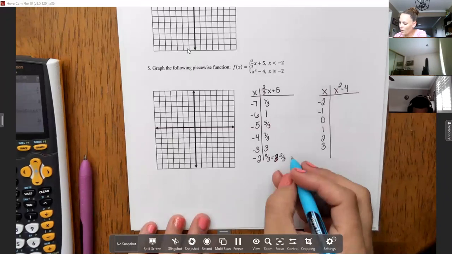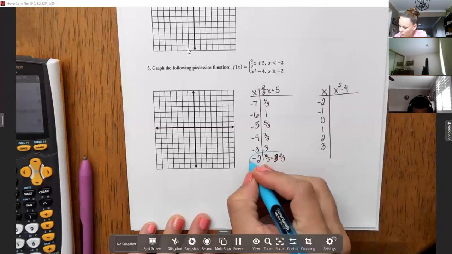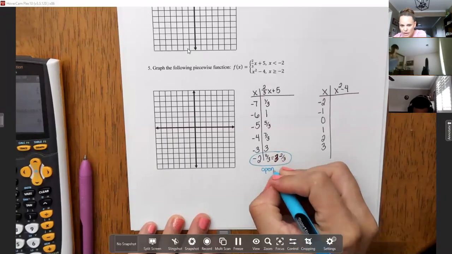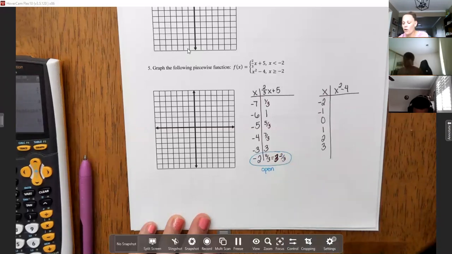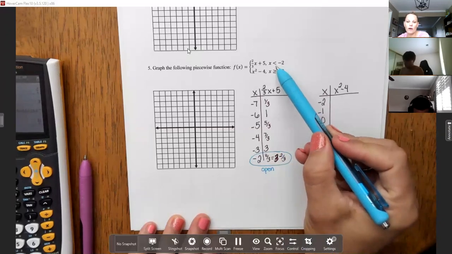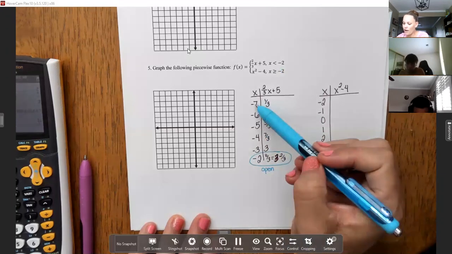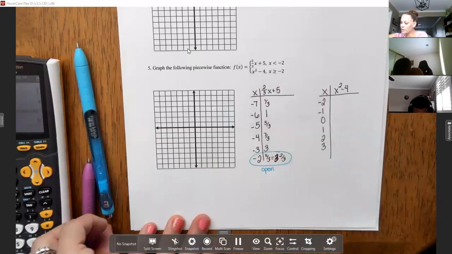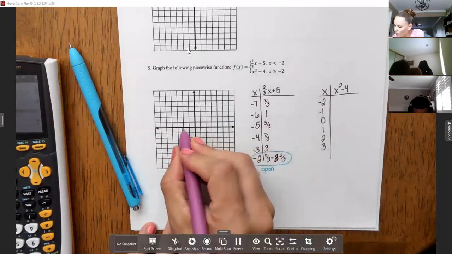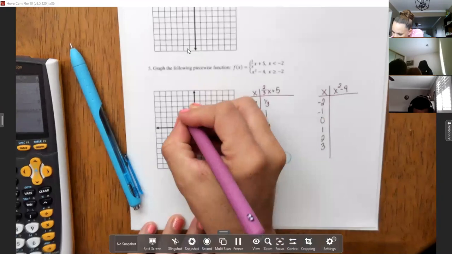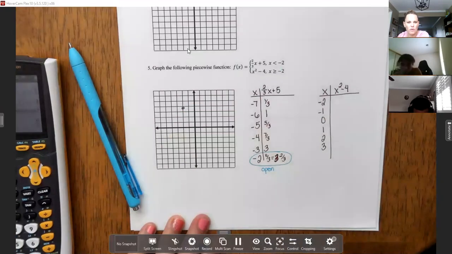So this point here is going to be an open circle because it doesn't have the or equal to. So we're going to plot all of these points, and we could have kept going with more negative numbers. At -2, we're at 3 and 2/3, and it's an open circle there.